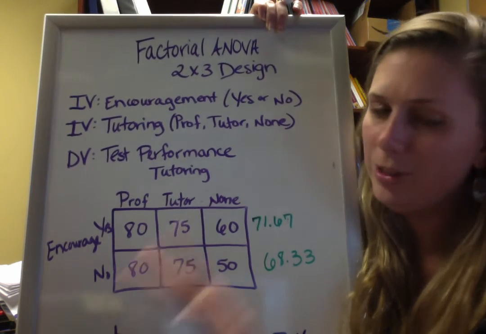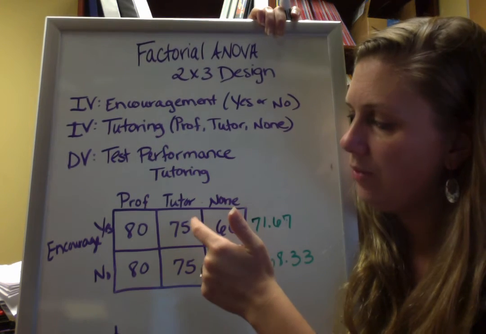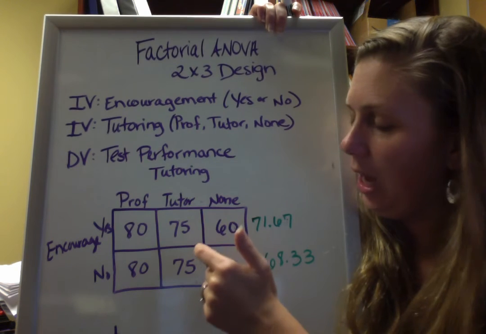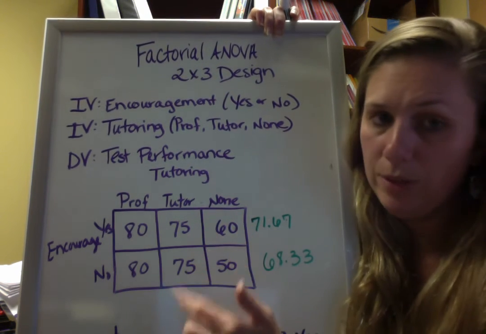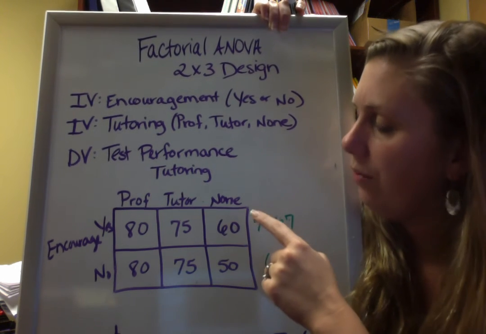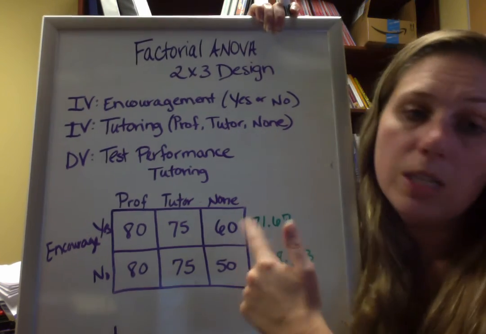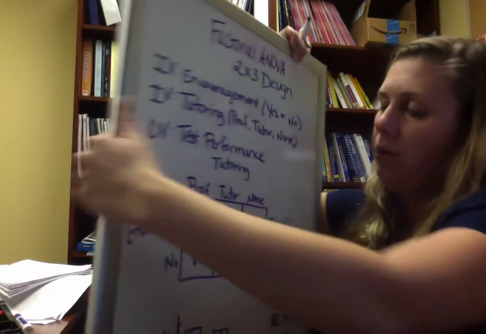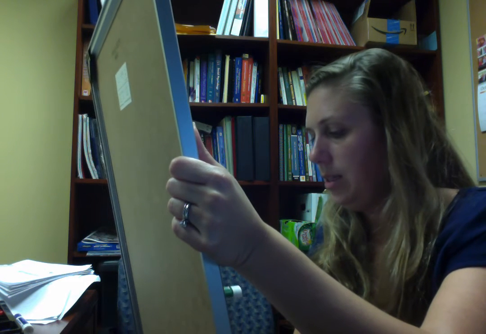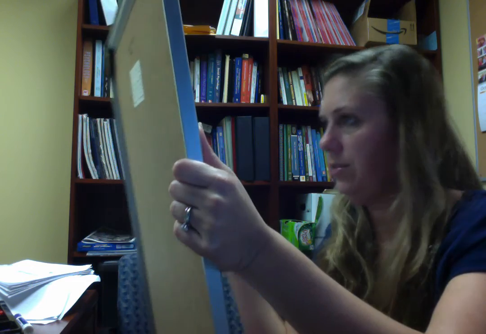Okay, so the average of an 80 and 80 is an 80, and we'll have the average of the tutor doing the tutoring. Average of 75 and 75 should give you a 75. And then here, where we have no tutoring whatsoever, we have a 60 and a 50, so we're going to average those together too. So I'm going to go ahead and put that here. 80, 75, and the average of a 60 and a 50 is a 55.